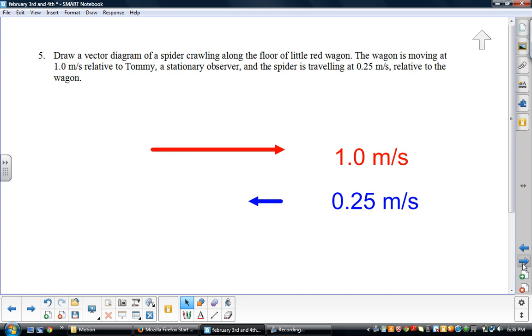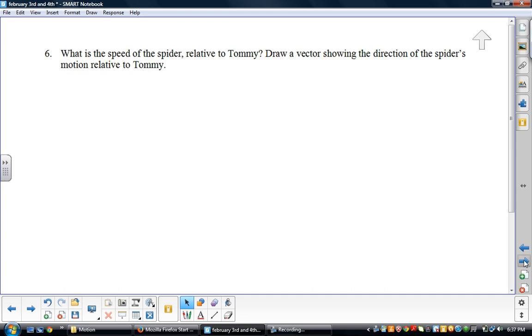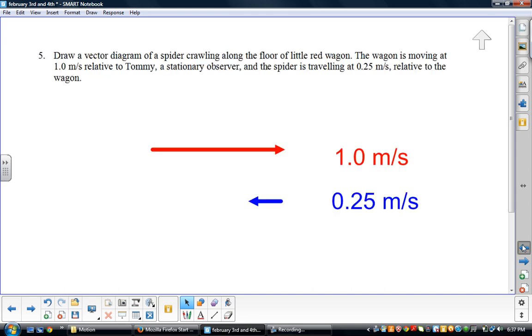Now here is our vector for the spider. The arrow is going the other way. It's smaller, it's 0.25 meters per second, because the spider is traveling along towards the back. By the way, if we were telling the story about the spider going in the same direction, we would have the arrow like this.